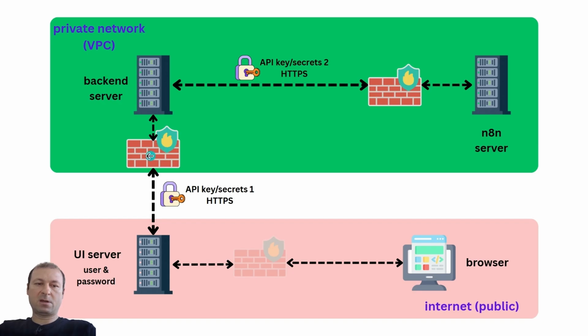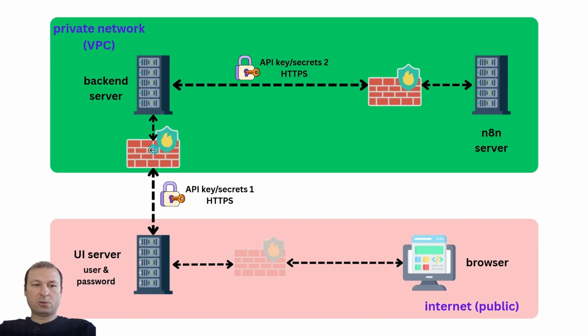The same here, you allow only traffic coming from the IP of the UI server. Here between the UI server and the backend server, you can also limit the ports being used, meaning you can specify, okay, I want only the HTTPS port to be allowed to communicate between these two servers, as you only have the UI accessing the backend server through the HTTPS port.